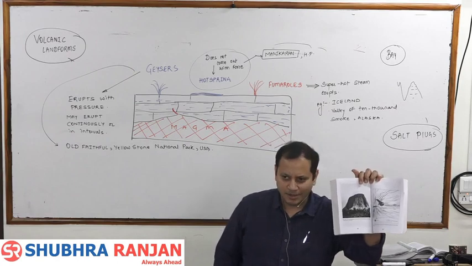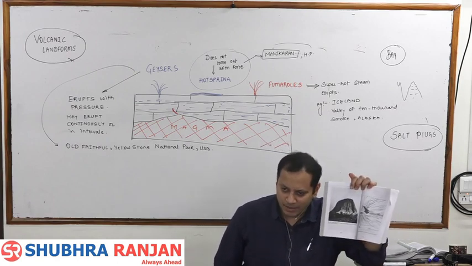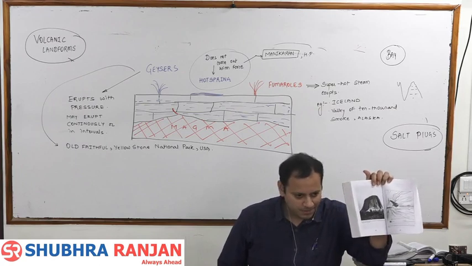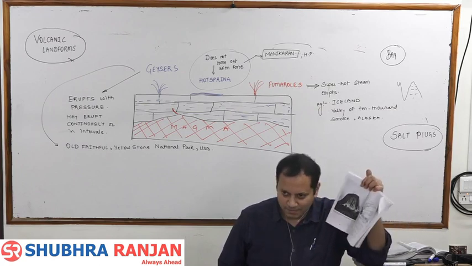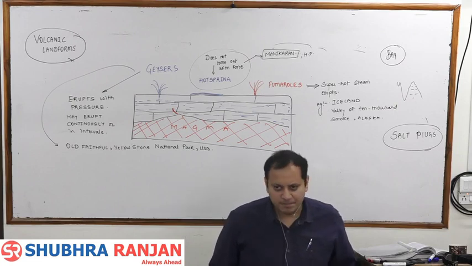This is pure salt. पर लगता है डाइक जैसा. And this is a pseudo volcanic feature. Salt plug. Fine. So ये इंडिया में pseudo volcanic features बहुत कम मिलेंगे आपको.